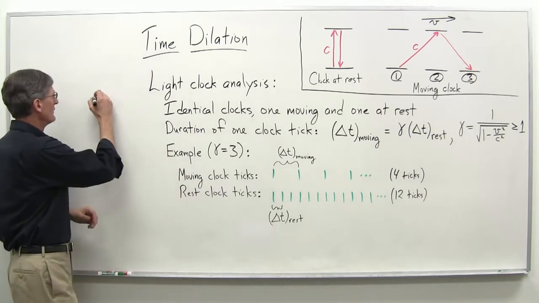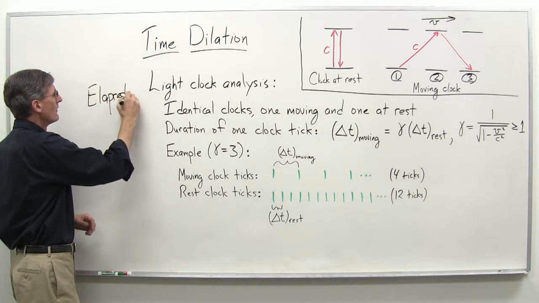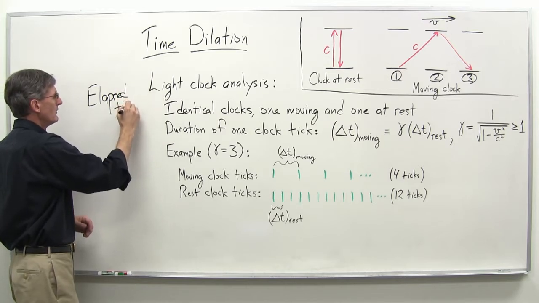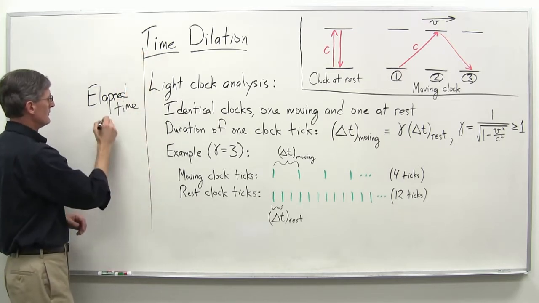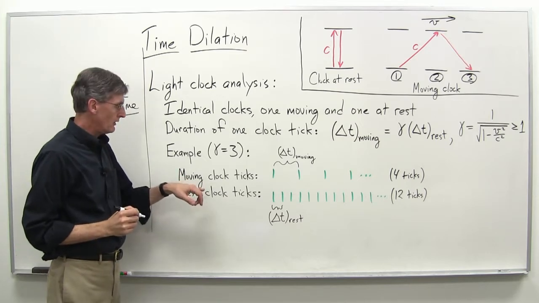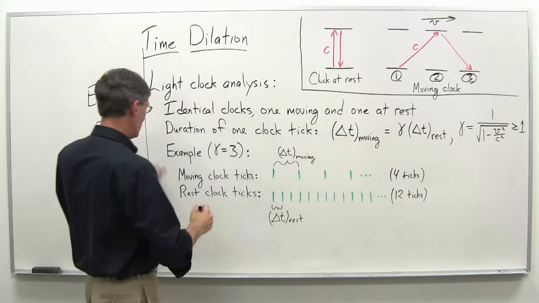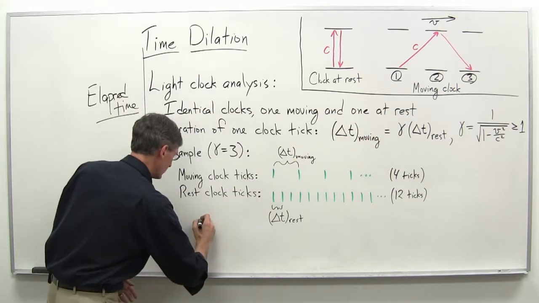Do it right here. So we'll do elapsed time. The elapsed time on the moving clock versus the elapsed time on the rest clock. In fact, I'll do it down here. I think it'll be a little easier to write it.